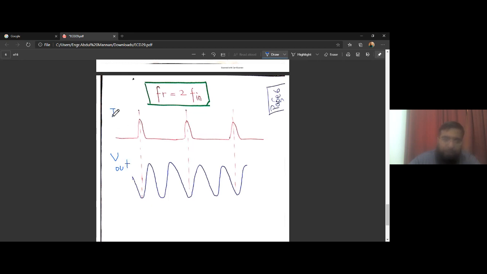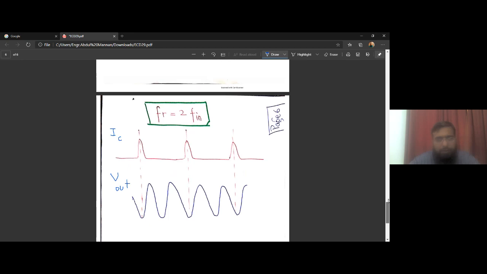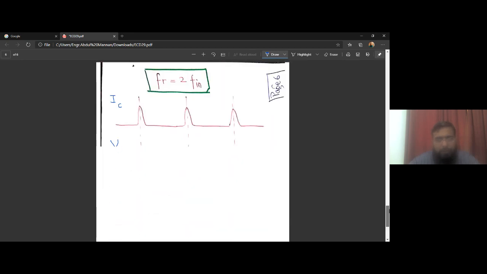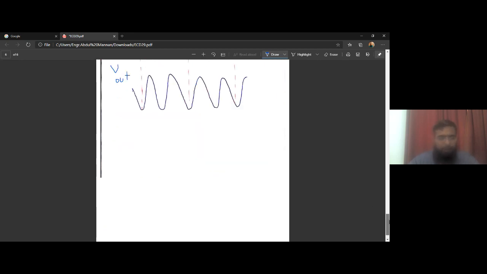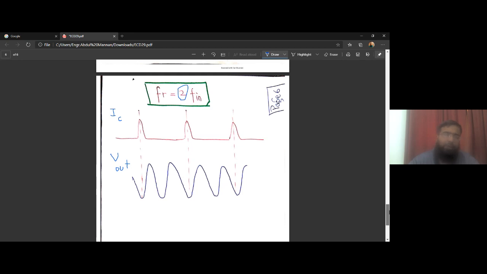So with the help of this tank circuit, by adjusting L and C, we can have an output voltage whose frequency is an integer multiple of the frequency of the input source. So this is another use of having a tank circuit at the output.